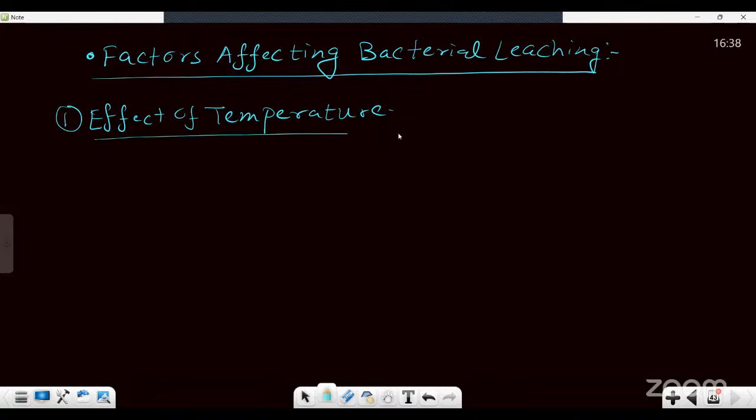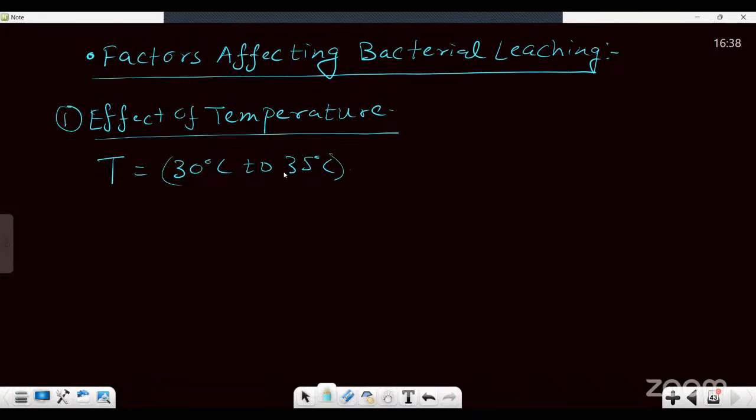As far as bacterial leaching is concerned, the effect of temperature is going to be there, right? Because this bacteria will not survive at high temperature. So the optimum temperature level that you should maintain is basically 30 degrees Celsius to 35 degrees Celsius.